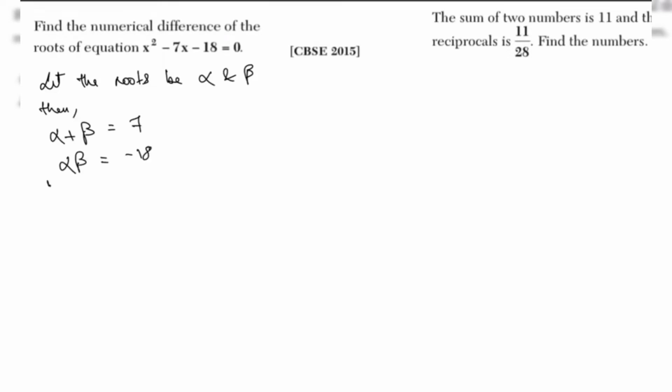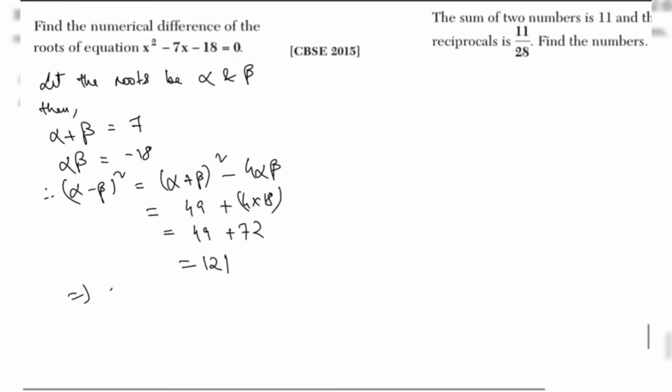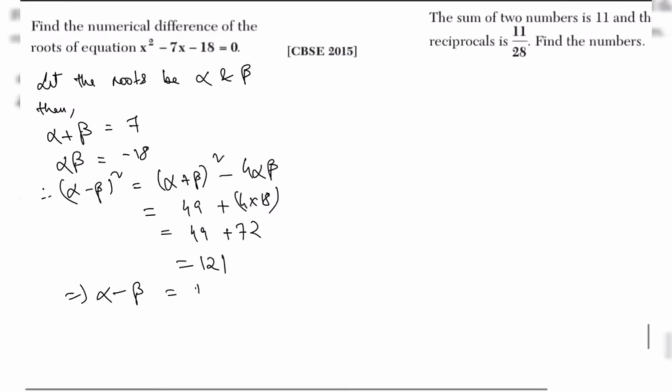Therefore we know that alpha minus beta whole square is alpha plus beta whole square minus 4 alpha beta. So 7 square is 49 plus 4 times 18, so 49 plus 72, that gives us 121, implies alpha minus beta is plus or minus 11, right?